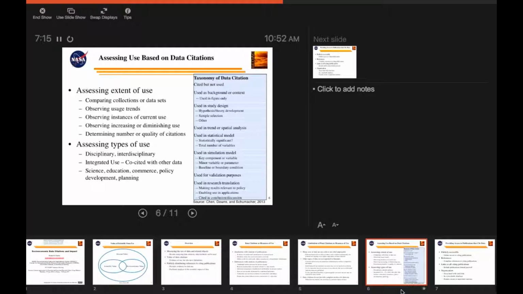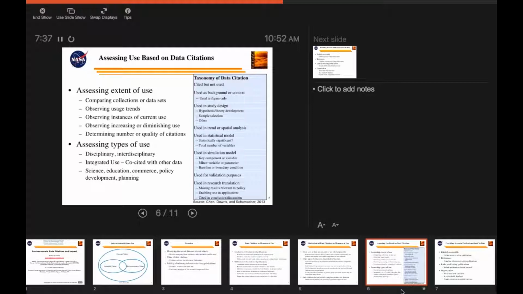And these can be organized in terms of being either associated with other data or in a searchable database, or you can feature particular recent citations of your data. So the benefits are, for users, they can understand how the data have been used by others.